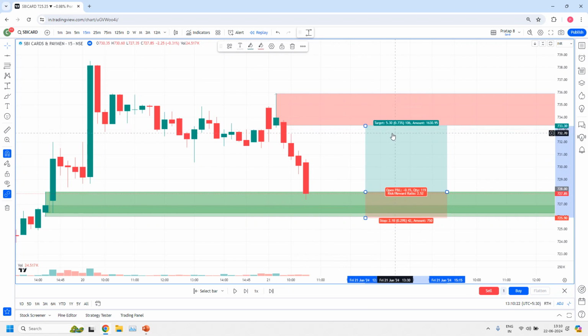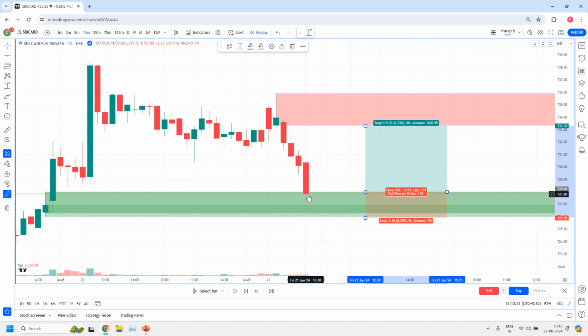From an experienced people's point of view, this is 1:2.5. Okay, it is a valid RR. What we are saying is, price just before entering into the zone, the candle is not completed. We can't confirm this is a drop-base-drop. So we took the trade.